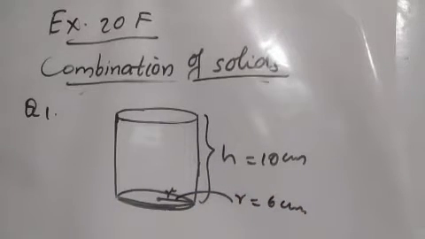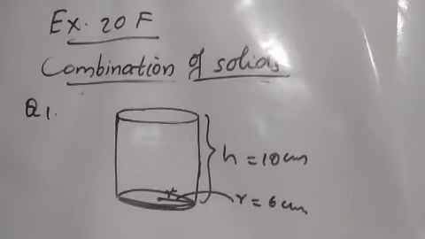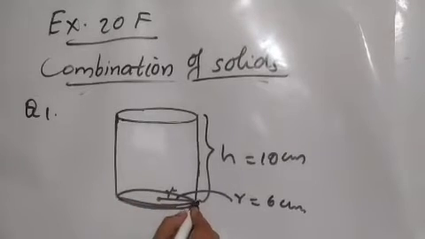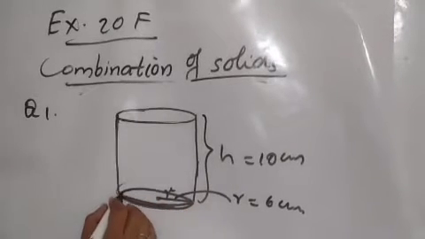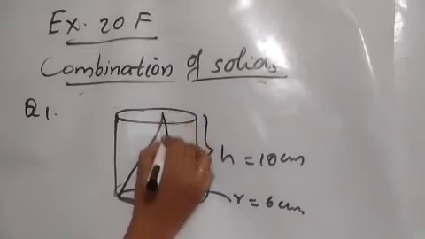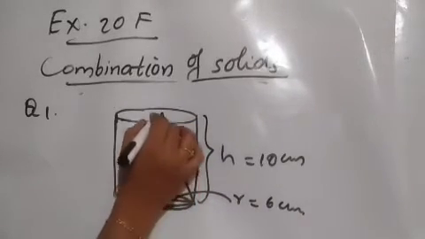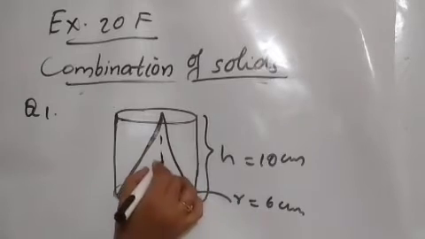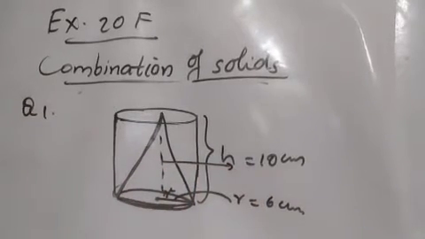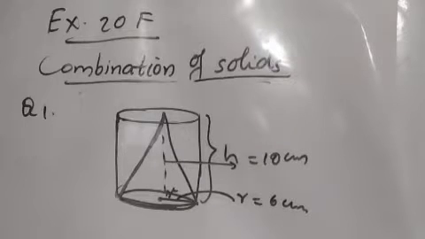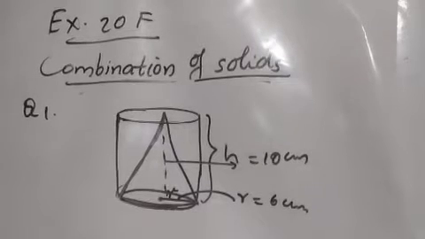And from this right circular cylinder, a right circular cone of the same height and same base. So the same base, how can we draw the cone? Yes, same height itself, that is given in the question. Height of the cone is the same, 10 centimeter, is removed. Find the volume of the remaining solid.